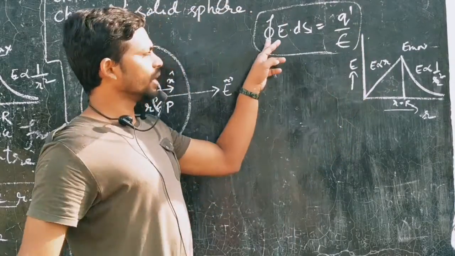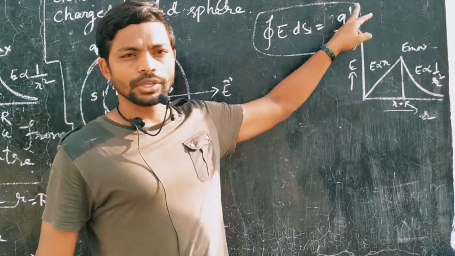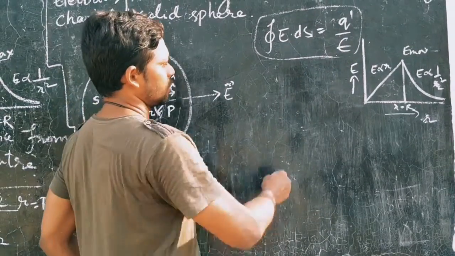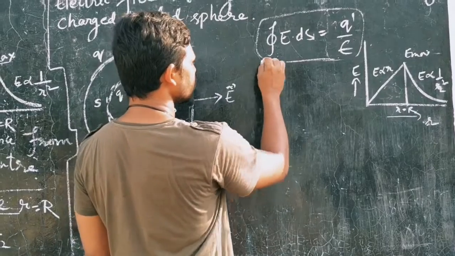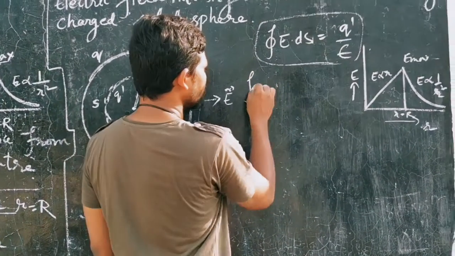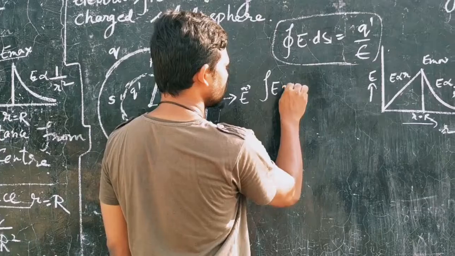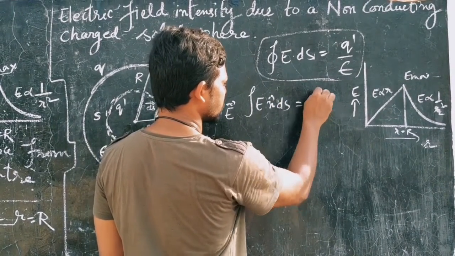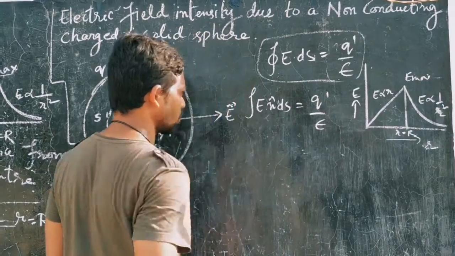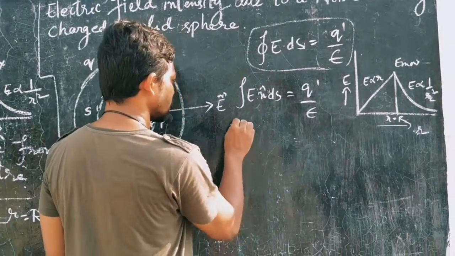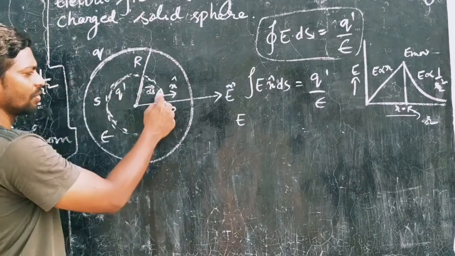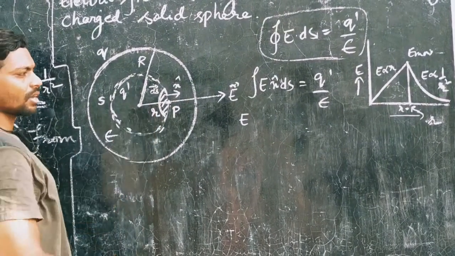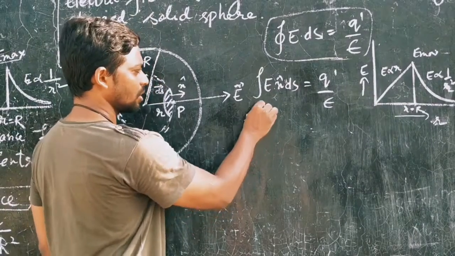According to Gauss law, integral E dot dS is equal to Q dash by epsilon, not epsilon naught. Now let us see. Electric field intensity is the same because all the points on this surface are at the same distance r, so E comes out of the integration.